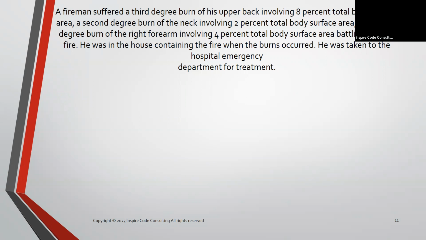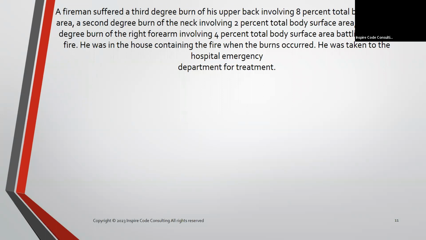And so I know you're probably asking, well, we do have third degree burns, but we have two. We have one of the upper back that involves 8% total, and then we have a third degree burn of the right forearm, which involves 4%. Well, we want to what? Code to the highest specificity.